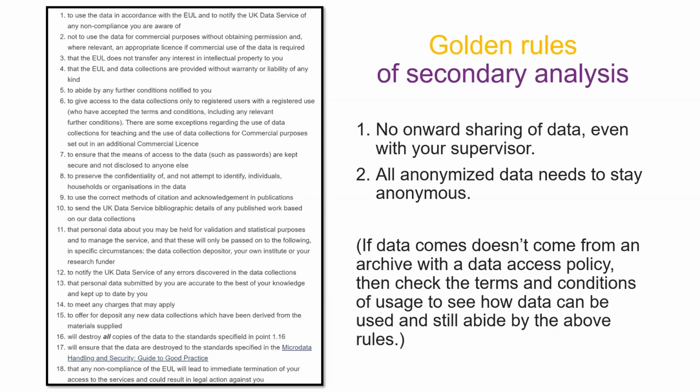There is a kind of thought around anonymization theory that makes the argument that no anonymization strategy will ever be 100% effective. So consequently, in the very unlikely event you inadvertently uncover the identity of one of those participants, you're signing that you will not reveal that identity to anyone. You'll continue to keep it anonymous. So those are the key issues to recognize when signing the end user license.